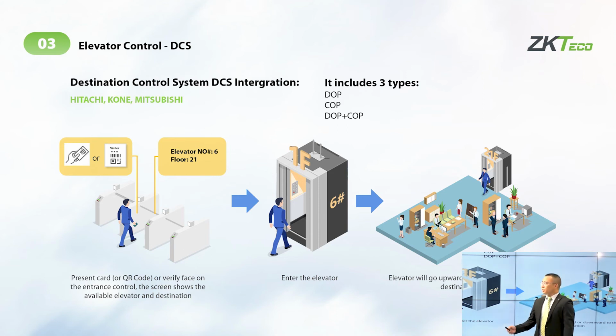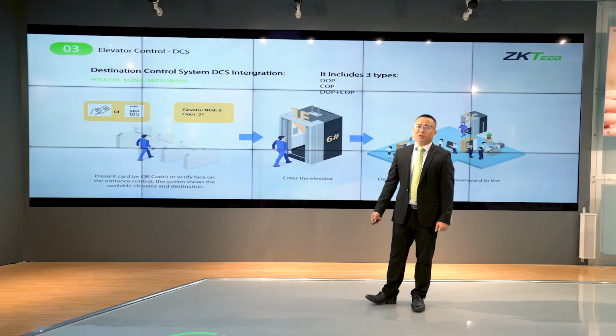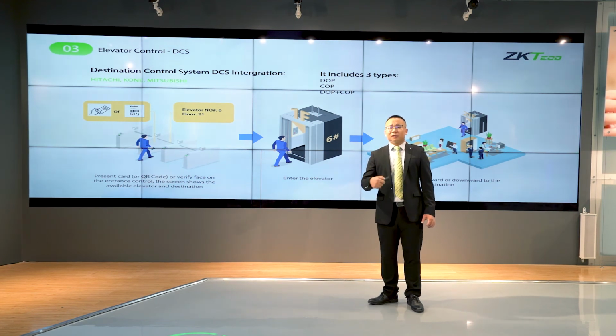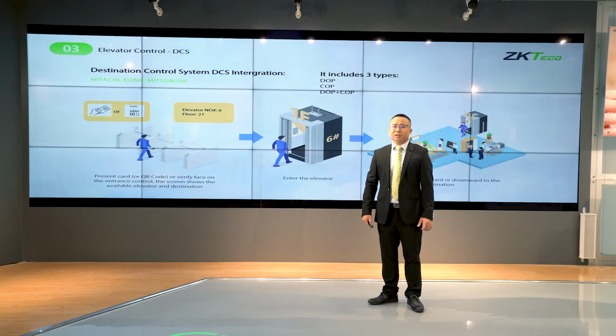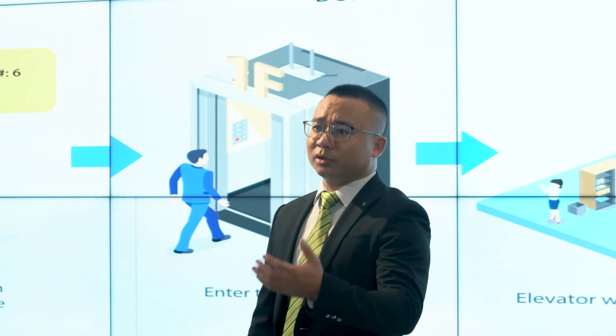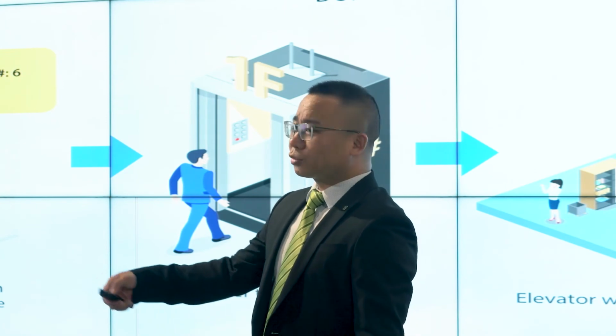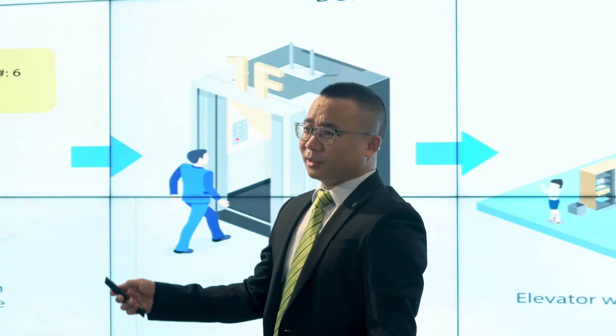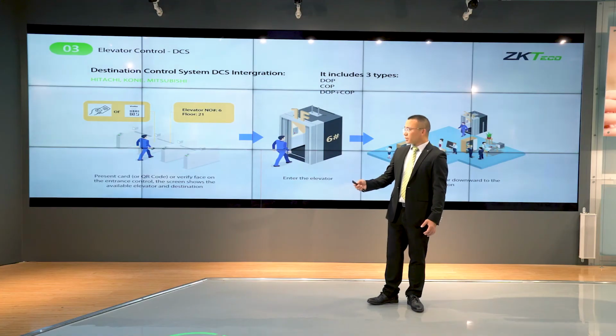How to understand this function? We already integrate with Hitachi, Otis and Schindler, three famous elevator brands. So for example, if some visitor coming to visit us already has a pre-reservation, he just uses his QR code or his face to go directly to the parking lot and the pedestrian area.